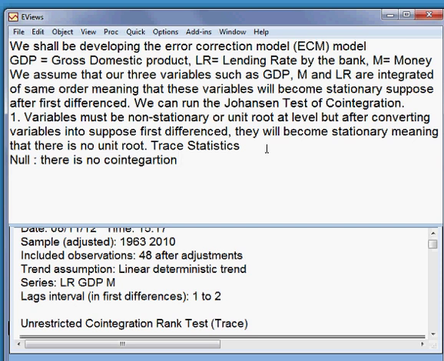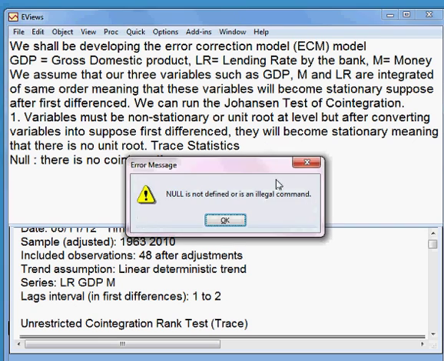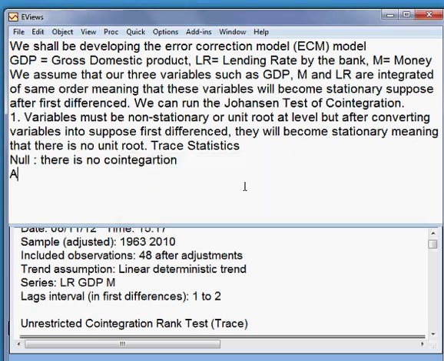And what is the alternative hypothesis? The alternative is that there is cointegration.